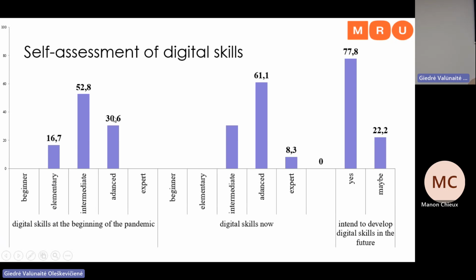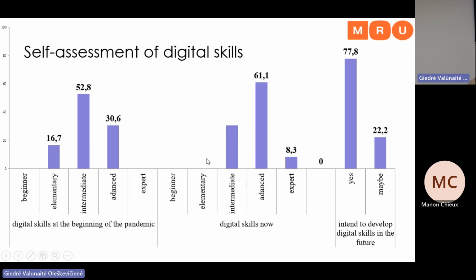There were 30.6% of answers who were self-confident and said that they are advanced users and their digital skills are advanced. But you may see that when the pandemic was in the role, the elementary group disappeared.